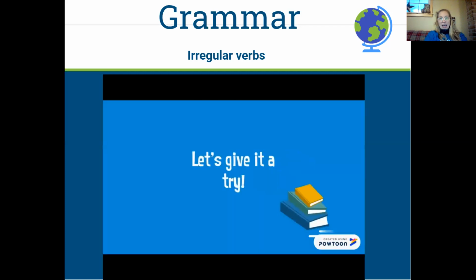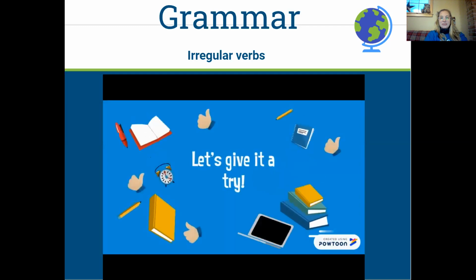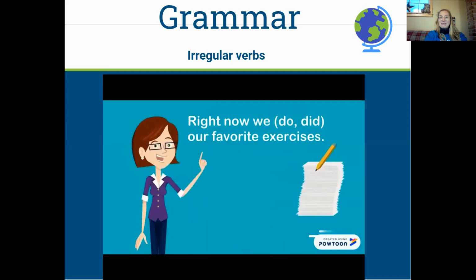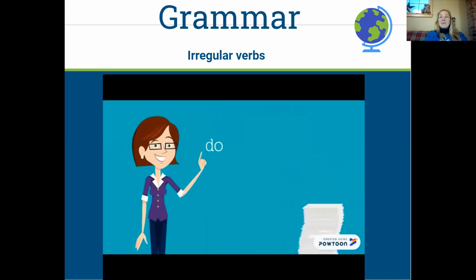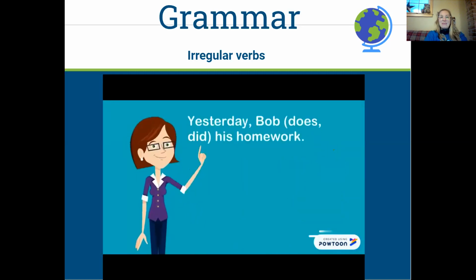Let's give it a try. Right now, we do or did our favorite exercises. Right now, we do our favorite exercises. Great job.